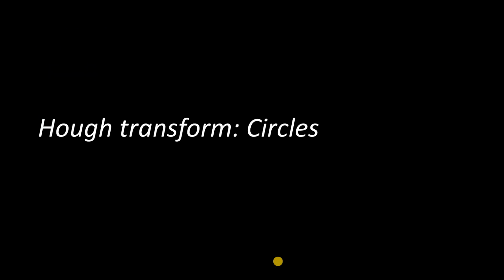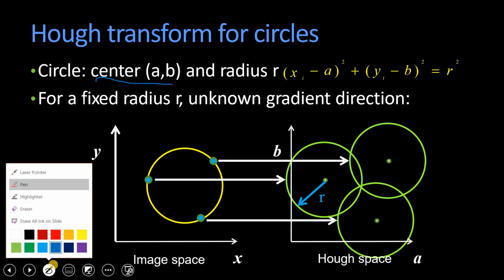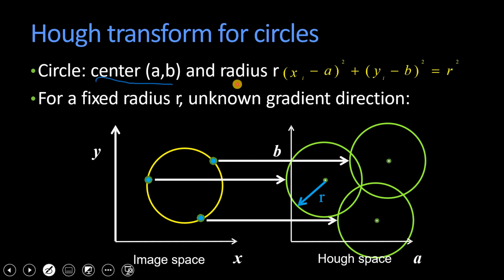So we will go through the circles, how we detect and transform the circles. For a circle, normally when we want to do the Hough transform, we need to know two things. One is the center of the circle and the other is the radius of the circle.